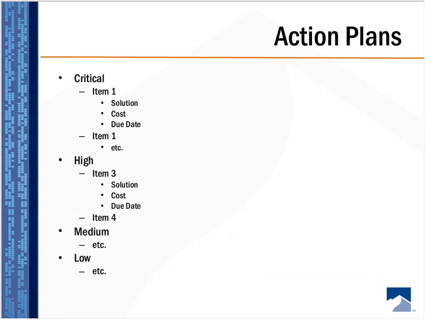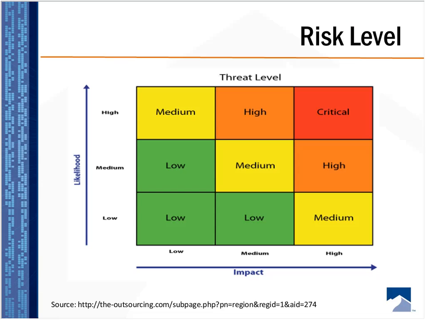Here's just a very simple action plan where we take all the critical risks, list them. So I'm a covered entity and I've done my risk assessment, and let's say I've got 12 risks, or maybe I have 212, but I've tried to put them in this context of the risk matrix, and now I want to list all the critical in one spot, then the highs, and so forth.